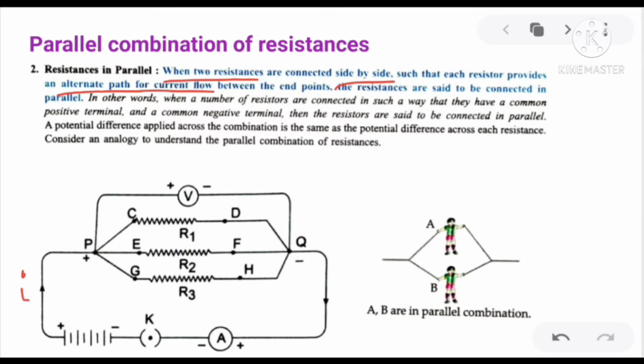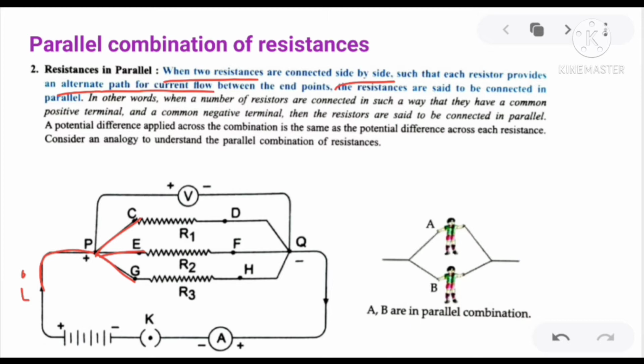At this juncture, the current gets different paths, this path, this path and this path. Three paths are available for this current to flow. That is why it is written here, alternate path for current flow.